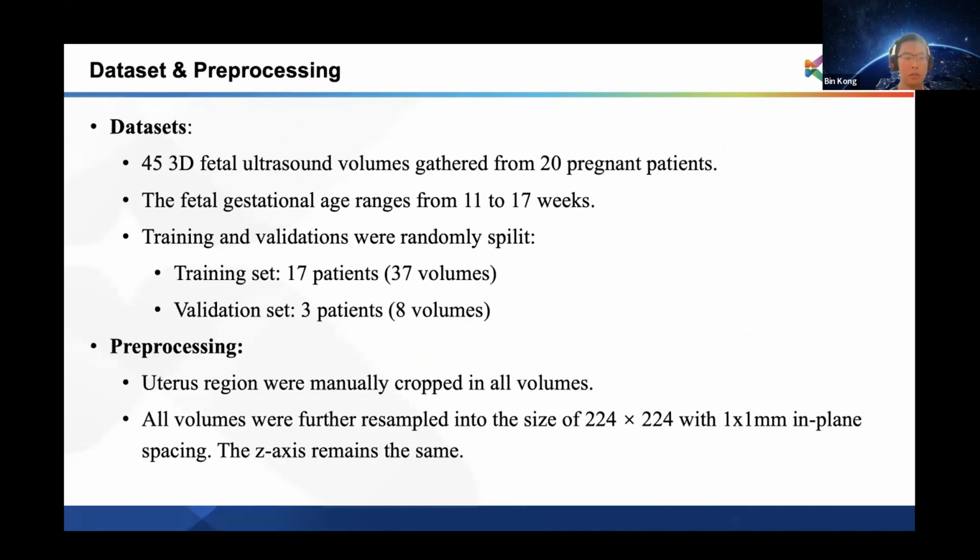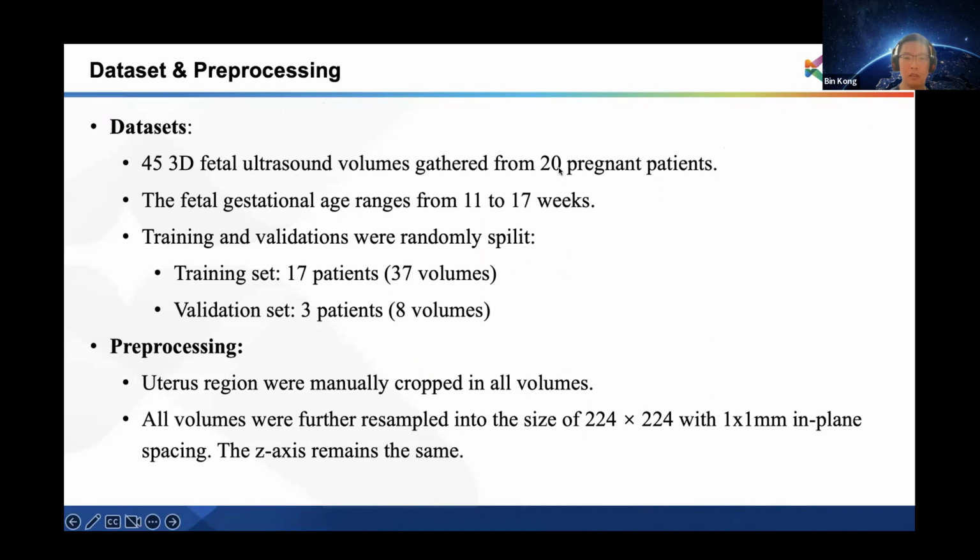As I mentioned, the data set is really small. The total number of samples is just 45, right? It's impossible for us to get more data because it's really expensive.